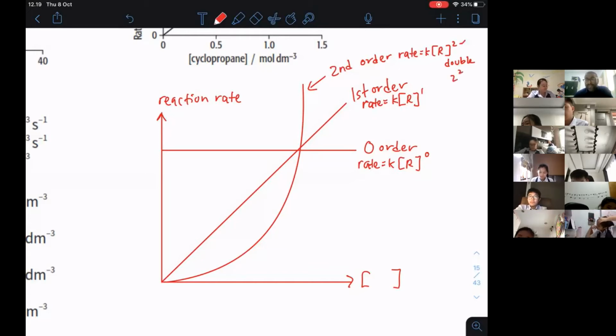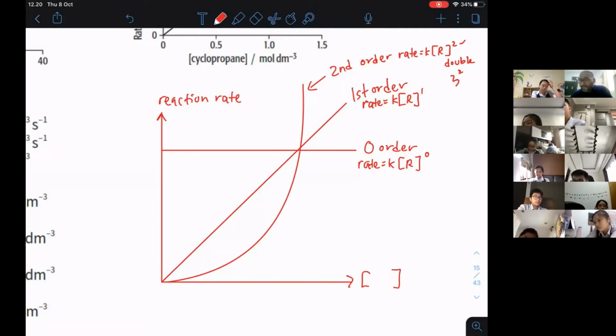It will change into times 4. I hope you understand this. When it becomes triple, triple means 3 to the power of 2. It will become 9. So it means they will change accordingly. They are dependent on the concentration, but the way they change is different.